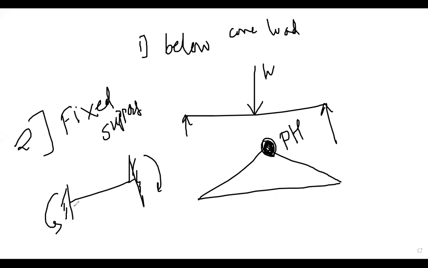Whenever there is a bending moment, it is considered as a plastic hinge, and the moment is MP. So at the fixed support, there is a bending moment, the moment is MP, and at that particular point a plastic hinge will be formed.